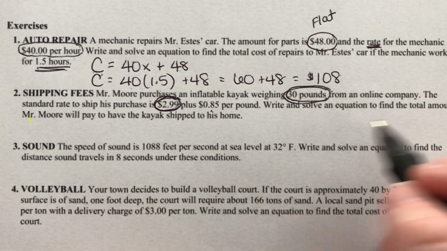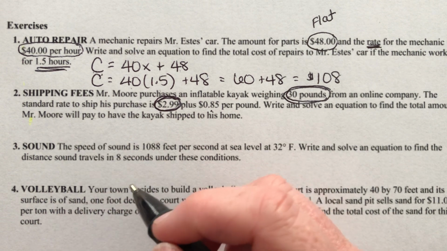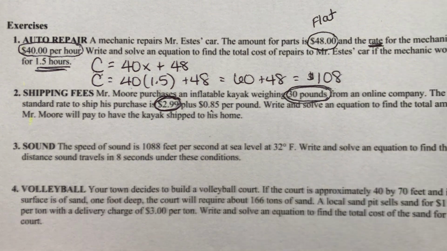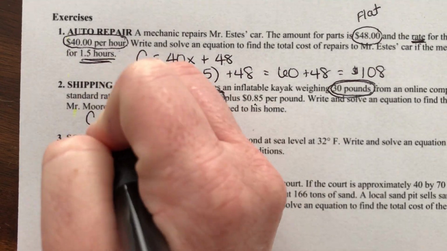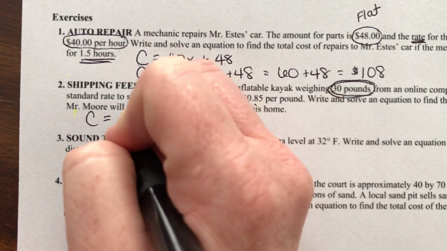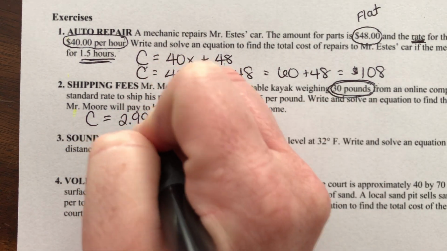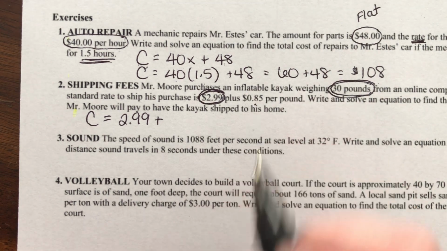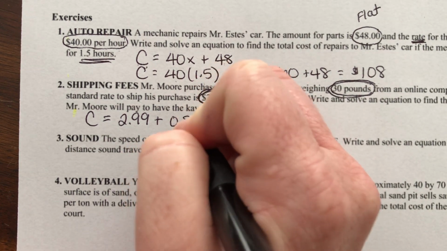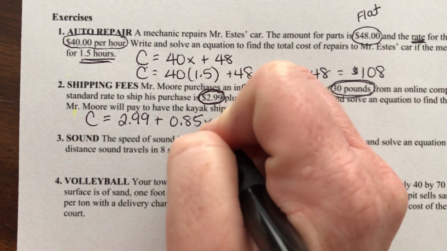Write and solve an equation to find the total amount he'll pay to have the kayak shipped to his home. So we'll say total cost equals $2.99 plus, and then 85 cents per pound, 0.85 per pound.